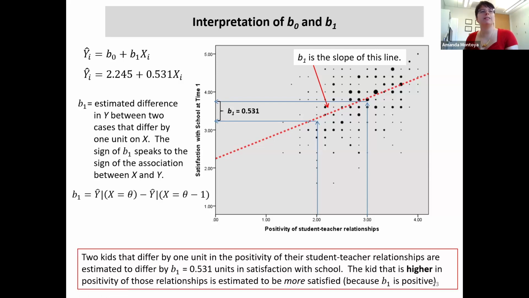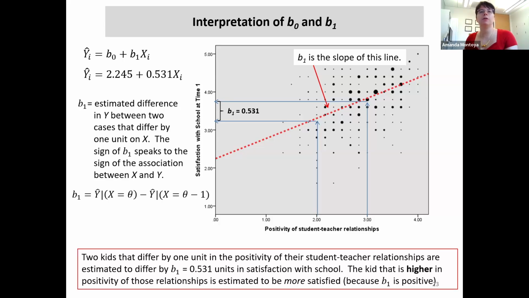So here we might say for two kids that differ by 1 unit on positivity of their student-teacher relationships, they're estimated to differ by 0.531 units in satisfaction with school, where the kid that's higher on positivity of relationships is estimated to be more satisfied.